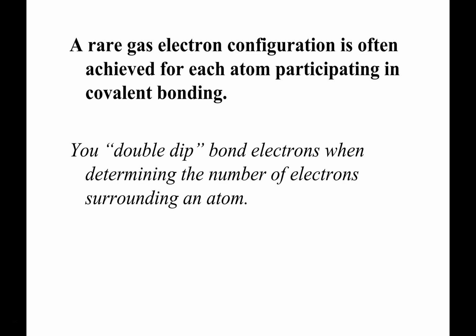When we talked about metals forming cations and nonmetals forming anions, it was to get a complete octet, like those rare gases over there. We're going to continue that theme when we talk about electrons being shared. I'm going to pick on water and draw the first sort of Lewis structure.